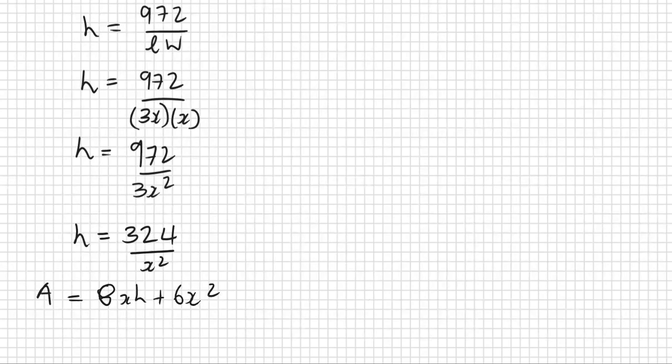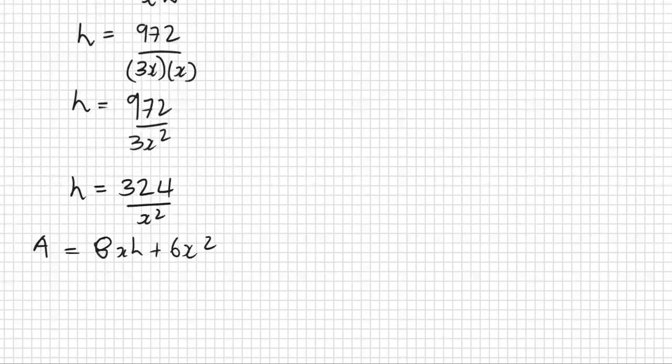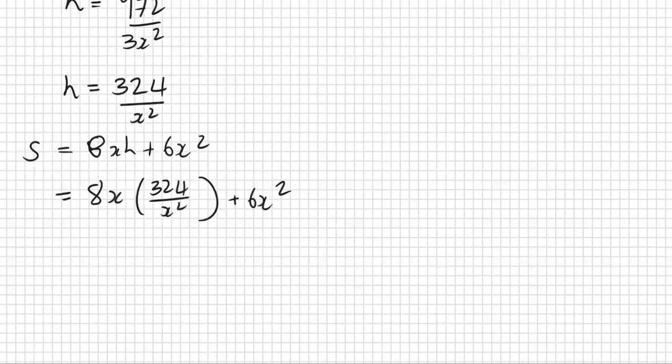It's the total surface area, so not an A, we probably want an S. Okay, let's put in the h value here. So we're subbing in h equals 324 over x squared into our equation.